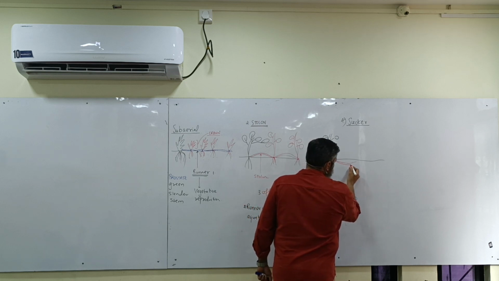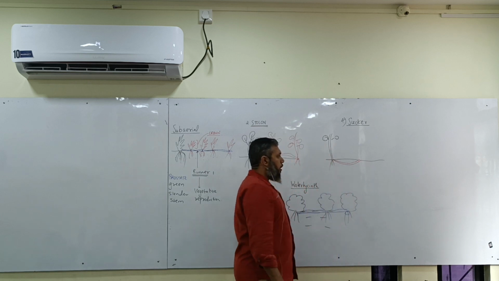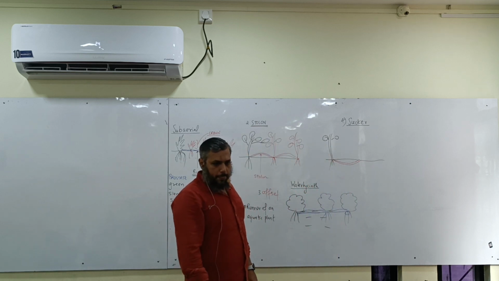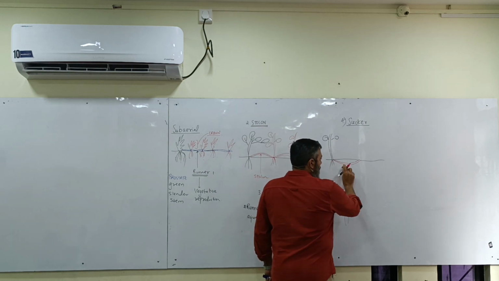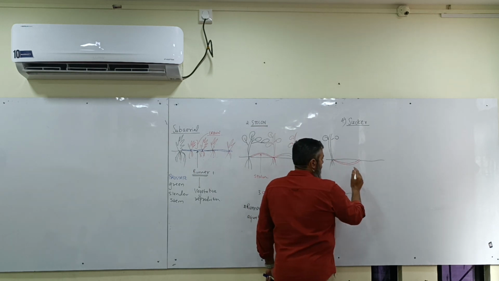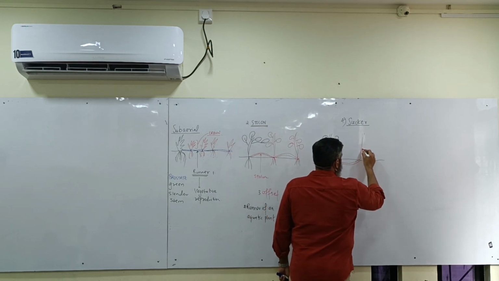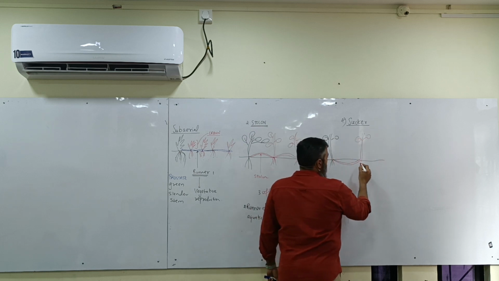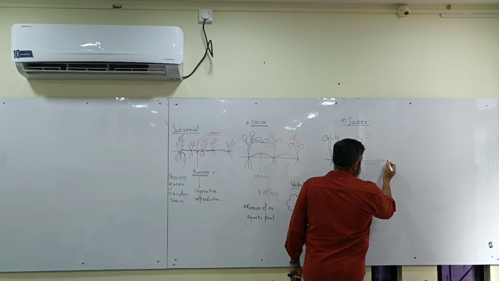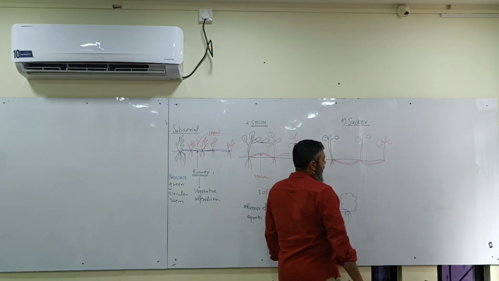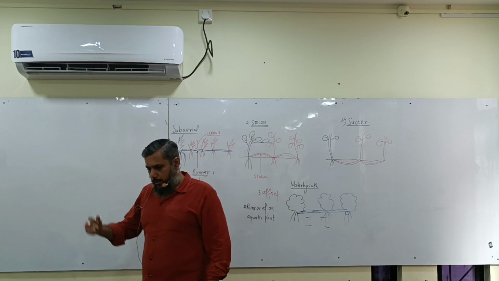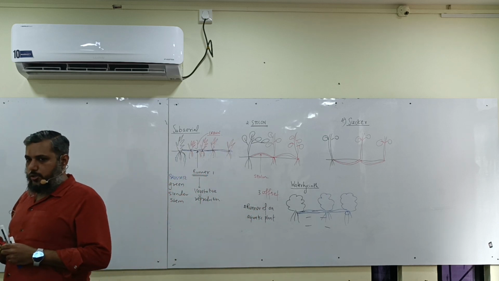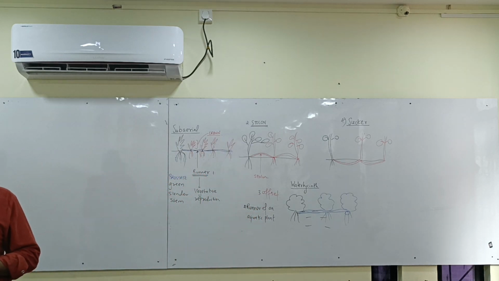Is it going above the soil or underneath the soil? Underneath the soil. And it goes down and comes upwards, and once again it will result in the formation of a new plant above the soil. So in this case, rather than running up, it is running down. It is called a sucker.